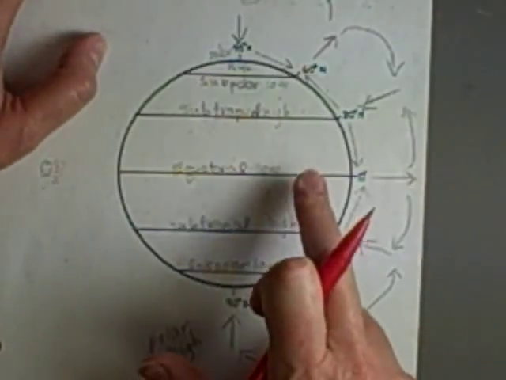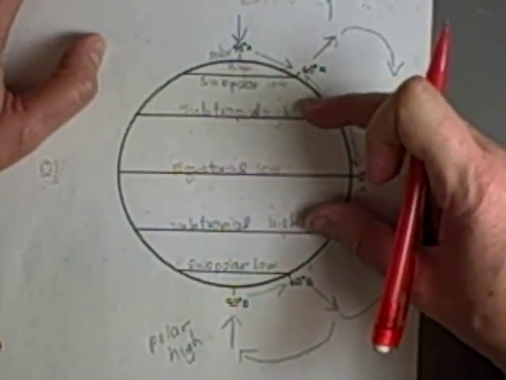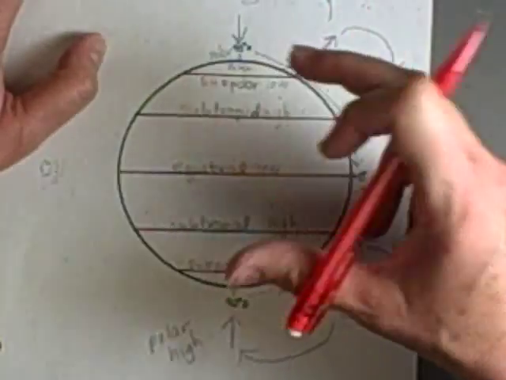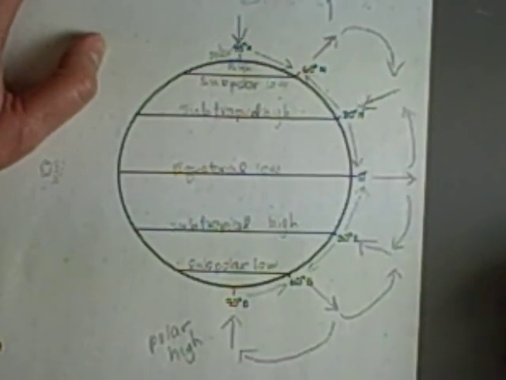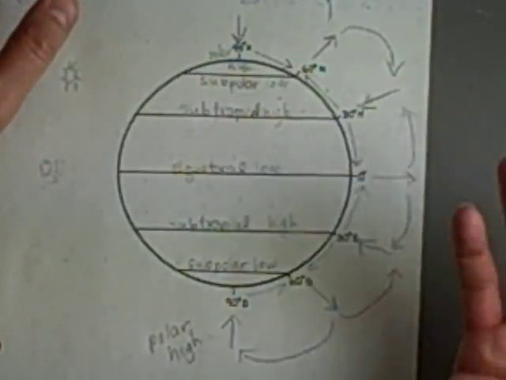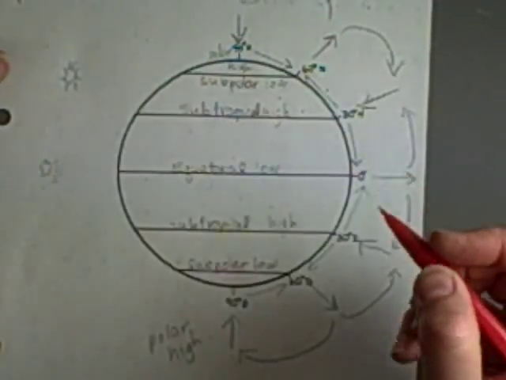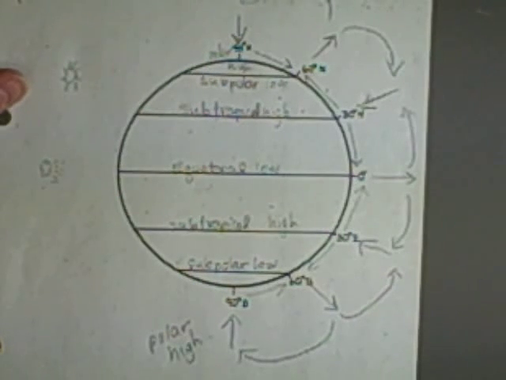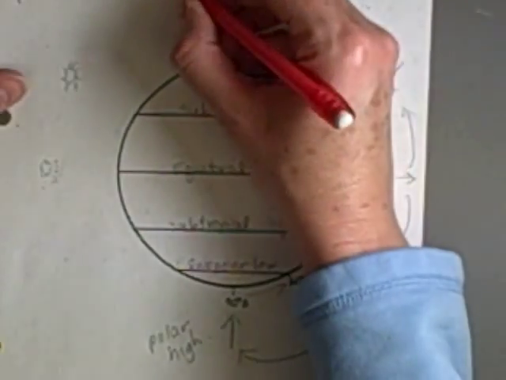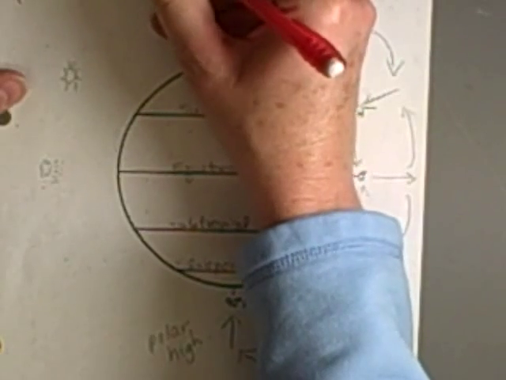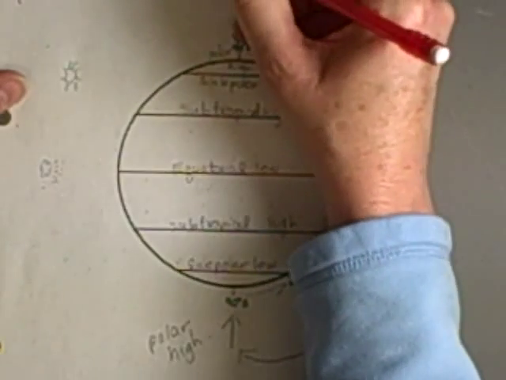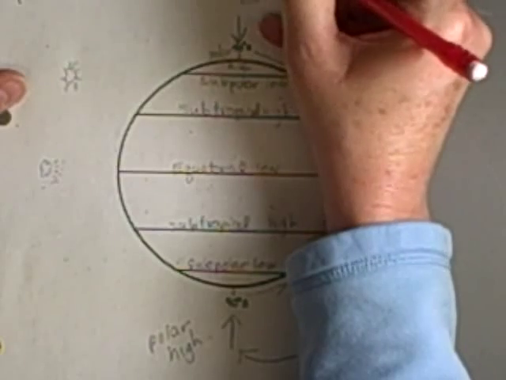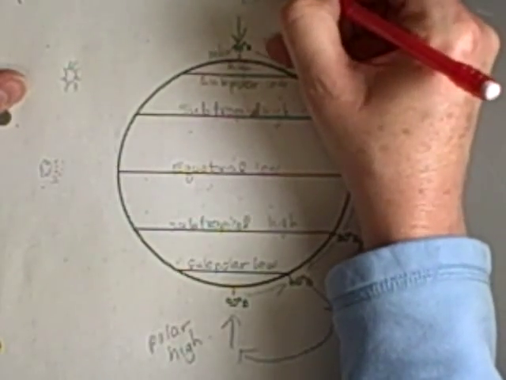The other thing to remember is that if you have a low here, on either side you have highs, on either side you have lows, and on either side of that you have highs. It's the beautiful symmetry. And then it has to work like a gear. The last and final thing is to remember that wind always blows from high to low, and we're going to use that principle again in my next little movie. So this is what I call vertical atmospheric circulation. This is not the world wind belts.